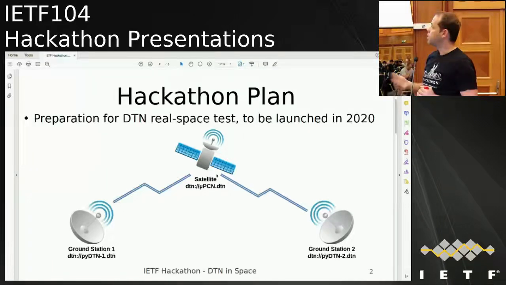They will learn about each other via beacons, and the ground station will transfer the measured data via bundle to the satellite. Then eventually, as the satellite continues on the orbit, it will see ground station 2, and again they will learn about each other via beacons, and the satellite micro-PCN implementation will transfer the data via a bundle to ground station 2.